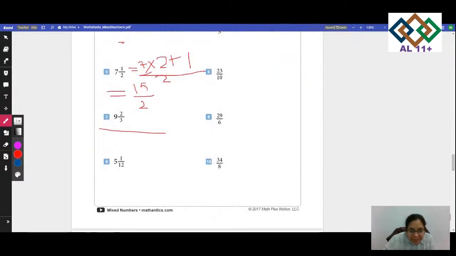So the next one is the same thing. 9 multiplied by 3. Then you're adding 2 and your denominator is the same. 9 3s are 27. 27 plus 2 is 31.